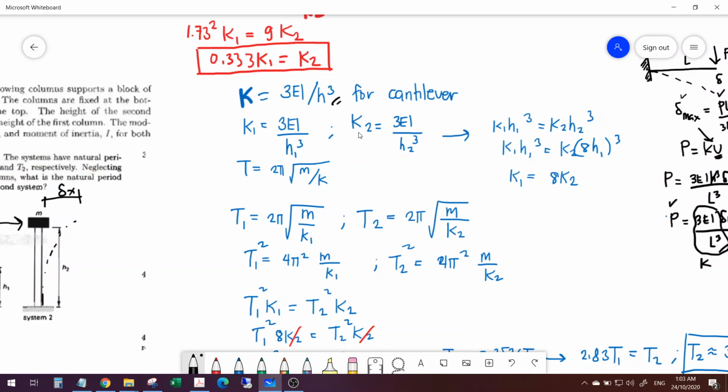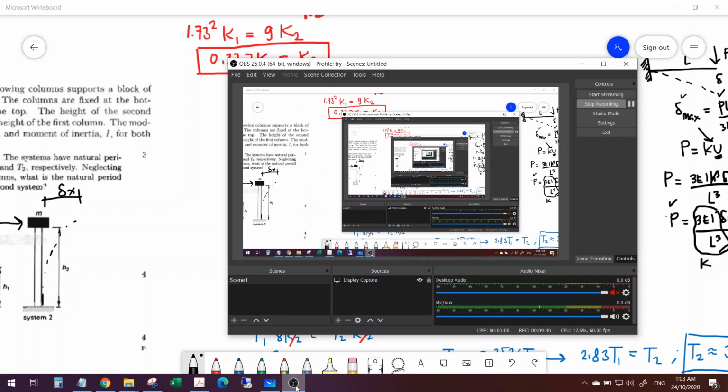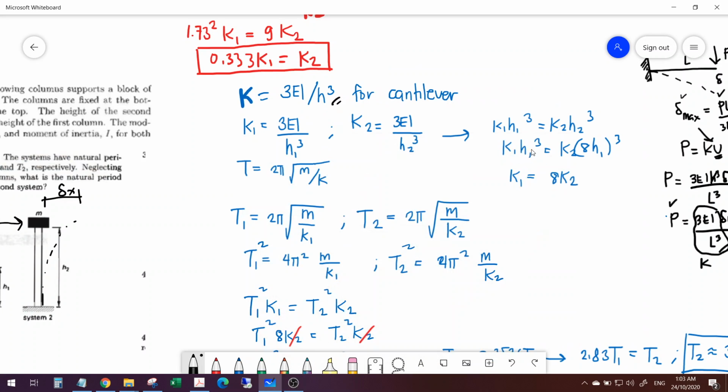I-relate ngayon natin yung dalawang K1 and K2. So H1 cube will be transposed here. H2 cube will be transposed here. So K1 H1 cube is equal to K2 H2 cube. What is the relationship of H1 and H2? Twice, diba? So if you cube 2, that is 8.